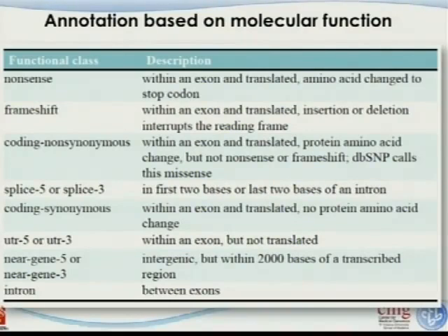And just to go through a little bit of the different types of variations, the first category is the nonsense variation, which is within an exon and translated, where an amino acid changes to a stop codon. This is really causing a huge problem.